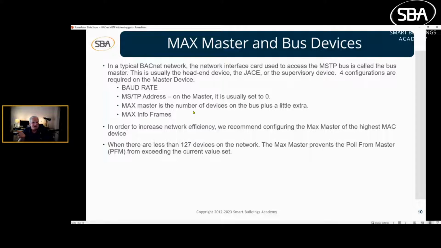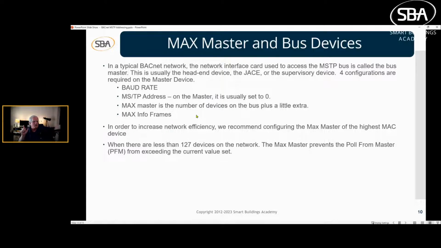So that's what I'm getting at here. When you have less than 127 devices, 127 is the default. The max master prevents the poll from master from exceeding the current value set. There's a feature called the poll from master. That's when the master goes out and looks down the network and says, I see here I'm supposed to have 127.